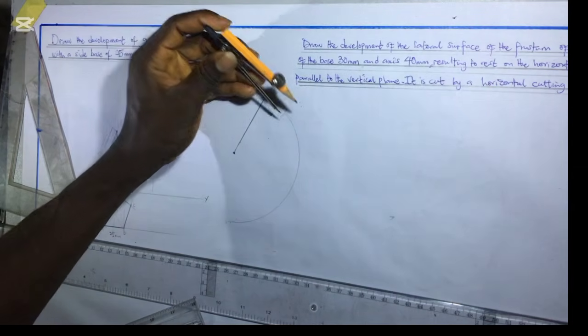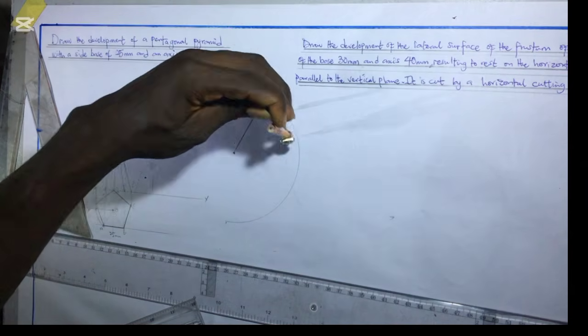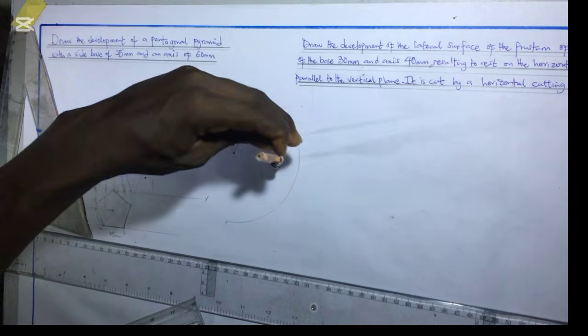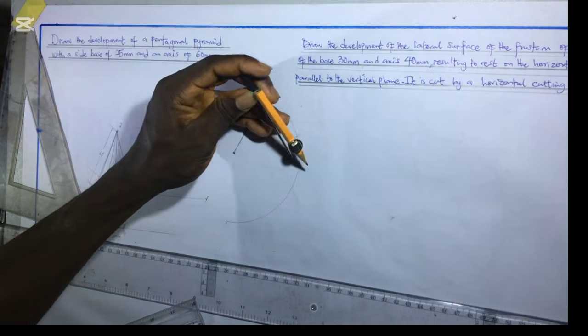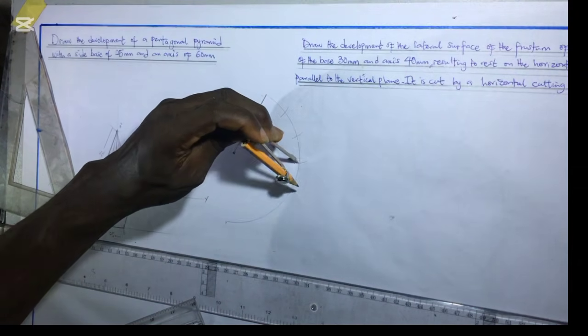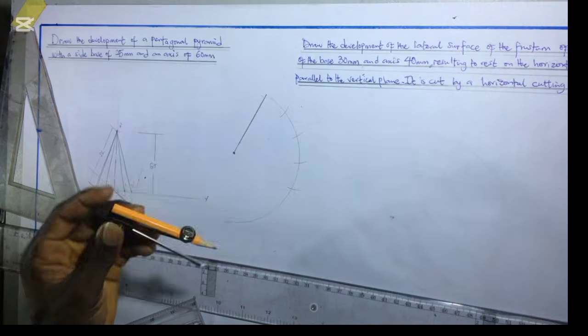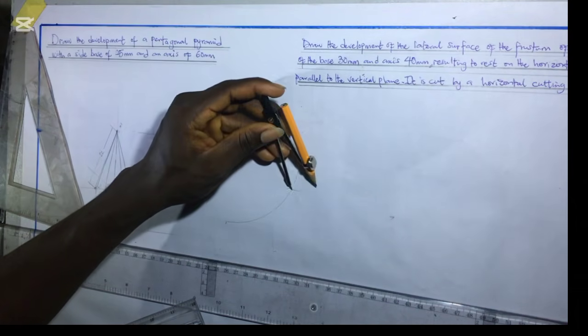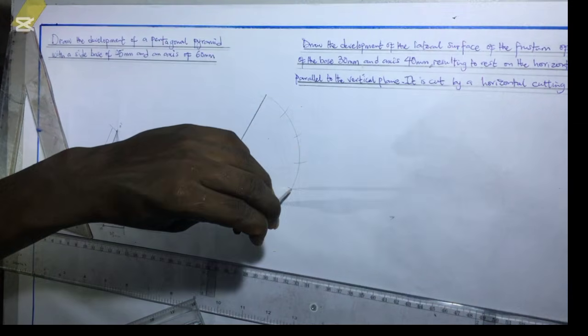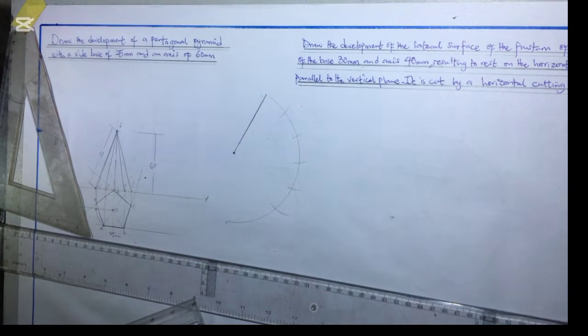So that is 1. This is 2. This is 3. This is 4. And this is 5. So we have 5 already.